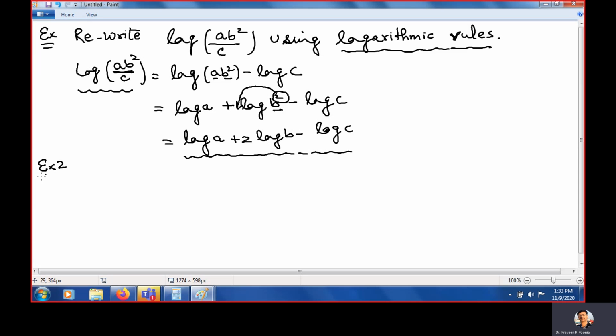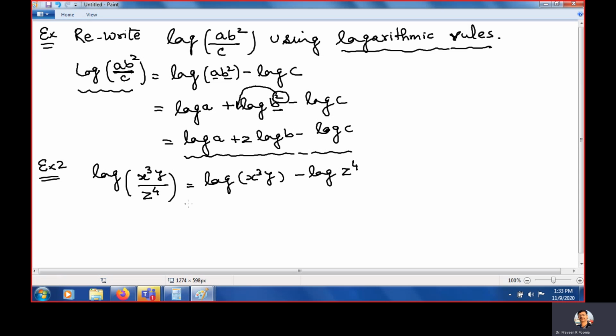Okay, so this is example number 2. What is example number 2? It is log x power 3y upon z power 4. These two are the examples given in your book. Now we will take a little more difficult question. So it is log of numerator x cube 3y minus log of denominator. Now multiply: log of x power 3 plus log of y minus log of z power 4.